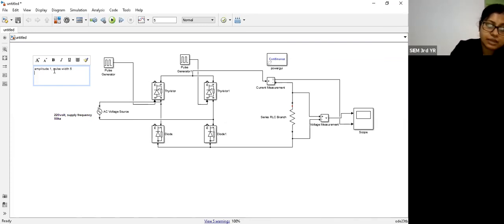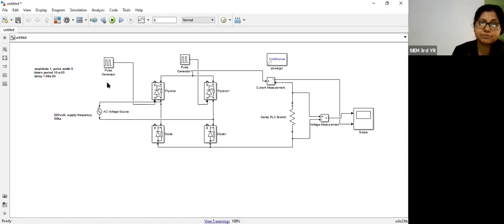Then time period, that is 10 e to the power minus 3, 10 millisecond. And delay means the firing angle. So the firing angle is 30 degree we are choosing. So 1.66 e to the power minus 3. Okay. So this is the specification for the first pulse generator.